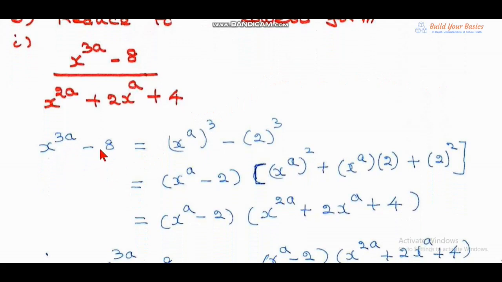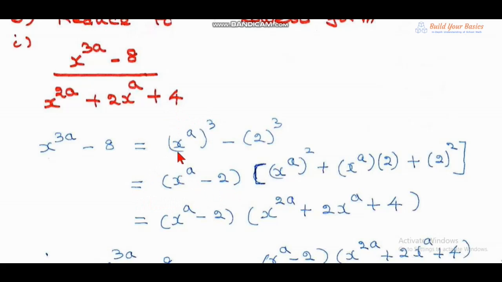x to the power of 3a minus 8 is x to the power of a whole cube minus 2 cube. Now this is of the form a cubed minus b cubed. The factorization formula: a cubed minus b cubed equals a minus b into a squared plus ab plus b squared.